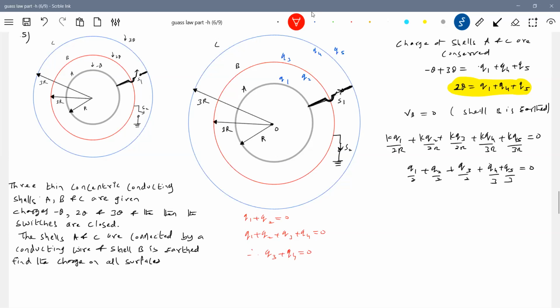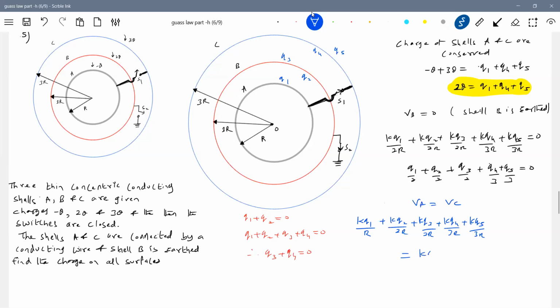Then one more equation: the potential of shell A should be equal to the potential of shell C, VA equal to VC. The potential of shell A will be KQ1 by R plus KQ2 by 2R plus KQ3 by 2R plus KQ4 by 3R.